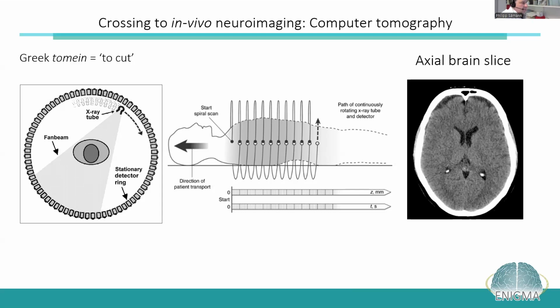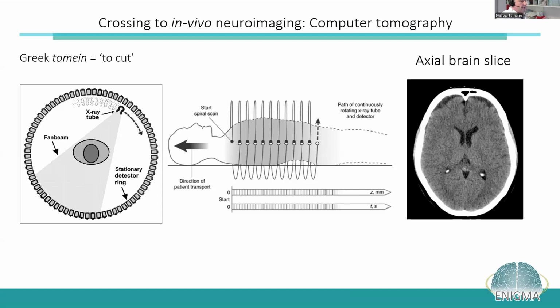Modern CT systems have a continuous forward movement of the specimen in a kind of spiral technique. And by analyzing the collected signals, these systems can then provide you with slices of the specimen.